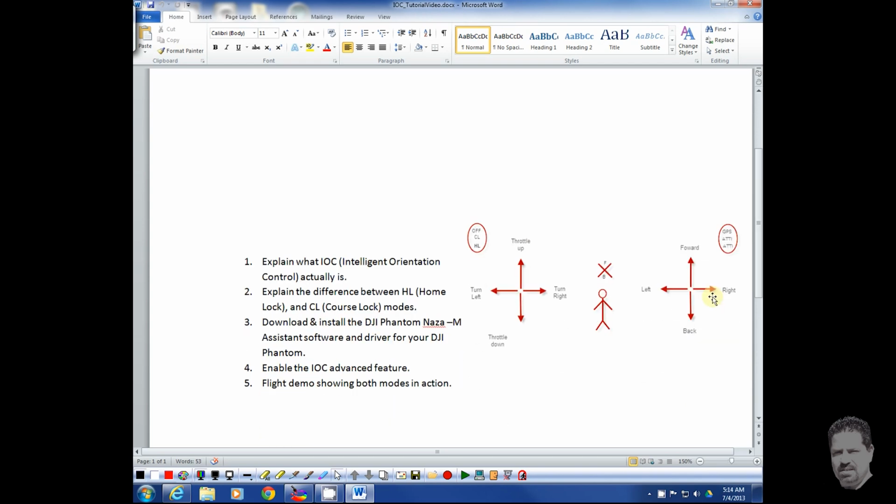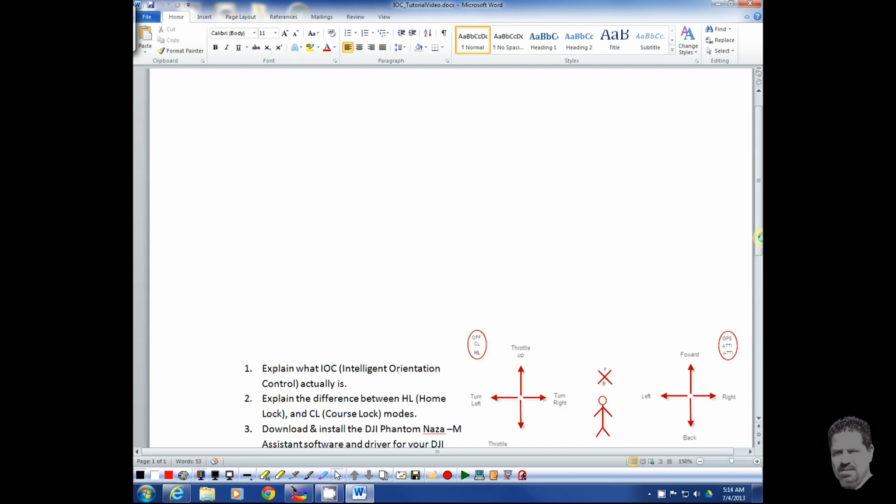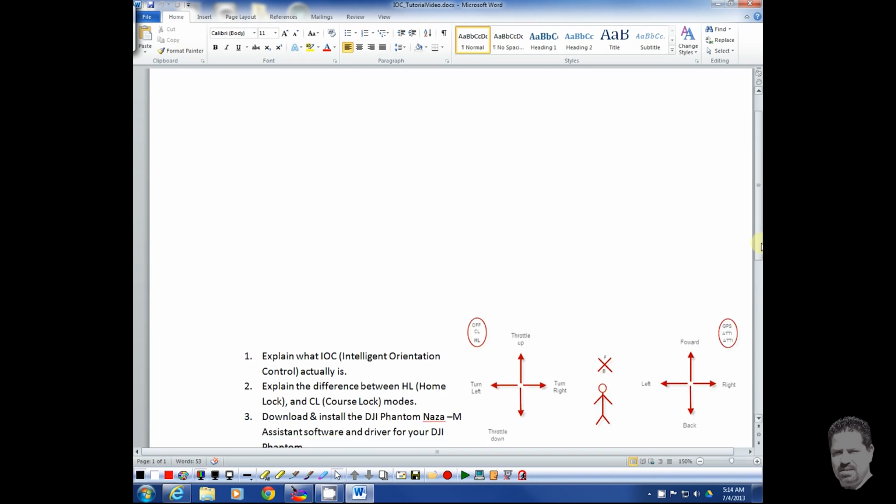So what we're going to do right now is we're going to play Let's Pretend. Let's pretend that we're out in a field, and this is all one big field, and we're going to try and fly our quadcopter.